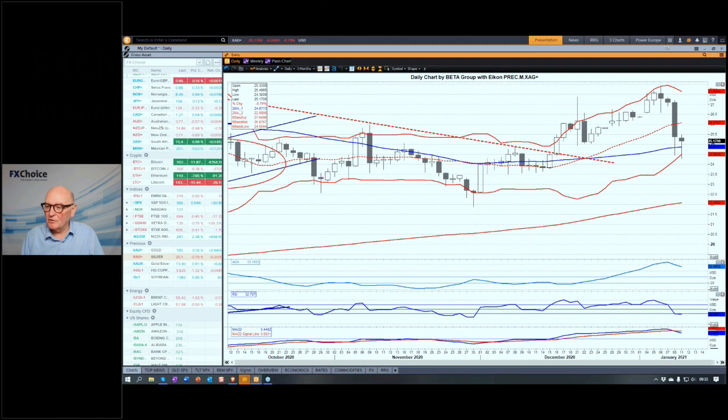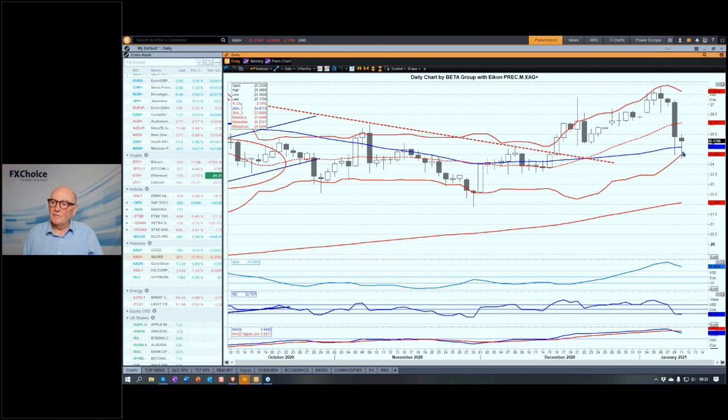Lower shadows are bullish. This is rejection. This is people buying. So I wouldn't be surprised if this finds its footing, and this is simply a correction. We've got a higher low, maybe, and we will continue our journey higher imminently.